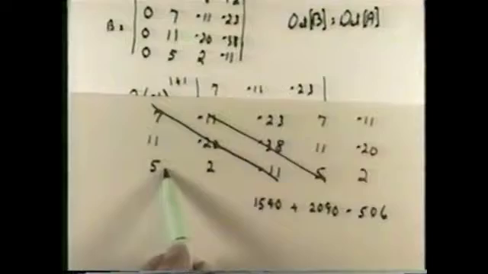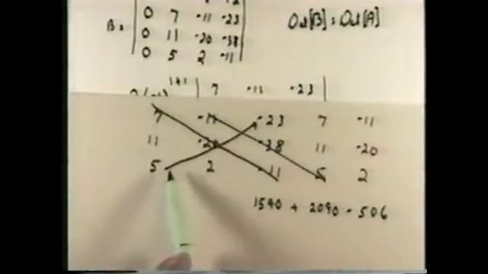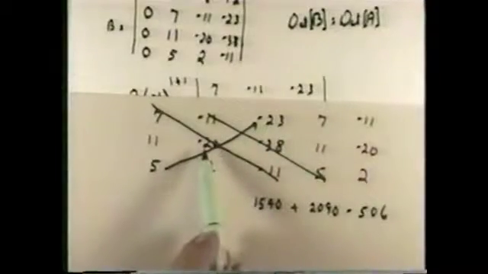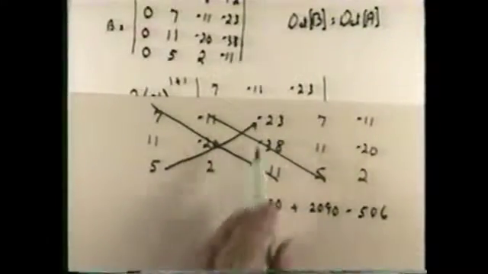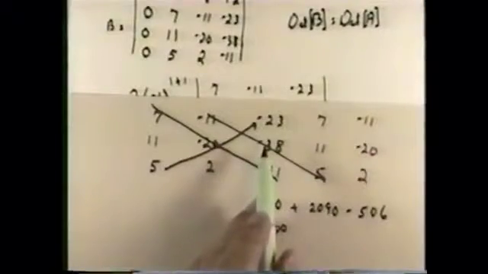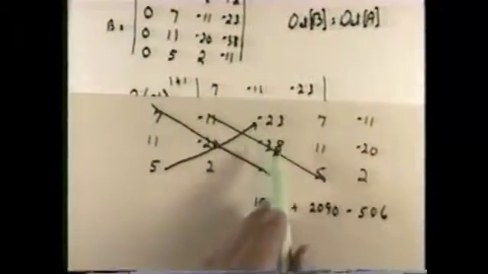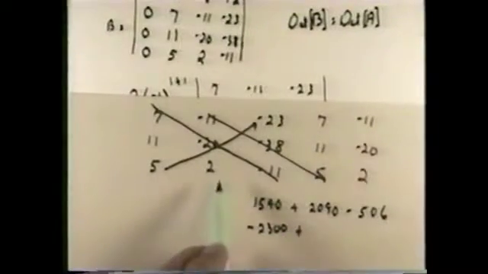Now going back up this way, we have to reverse the signs. So a negative times negative is positive, but it's going to be a negative. And then 5 times 20 is 100, times negative 23 is negative 2300. This one has only one negative, so it would be negative, but reversing the sign, that would be plus.